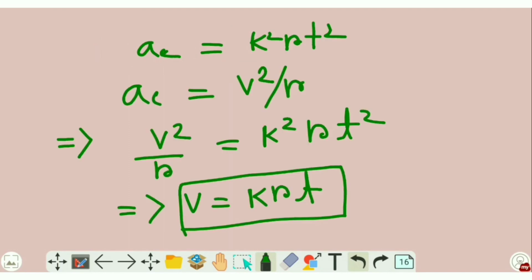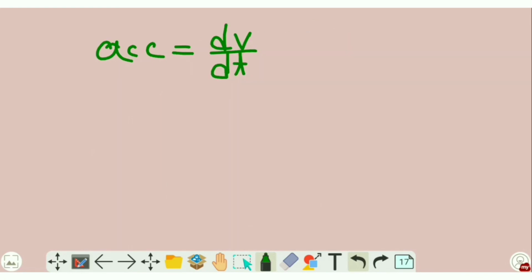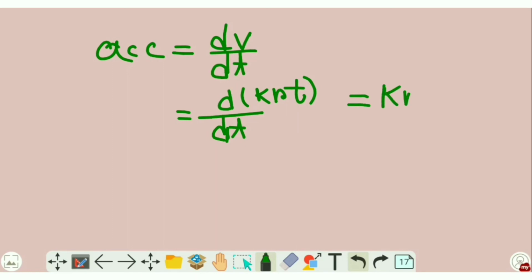So let's find the acceleration. Acceleration is equal to dv by dt. Now see, we have the centripetal acceleration, but we want to find out the linear acceleration. So we have the linear acceleration term dv by dt. So d by dt of k r t becomes k into r.